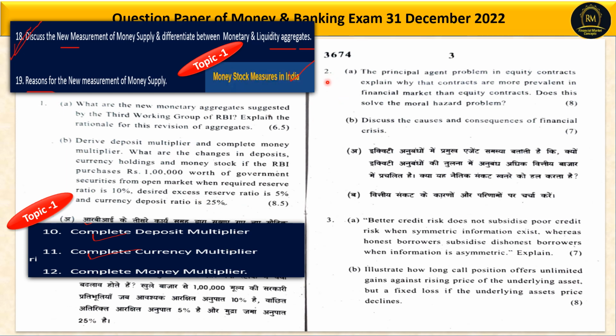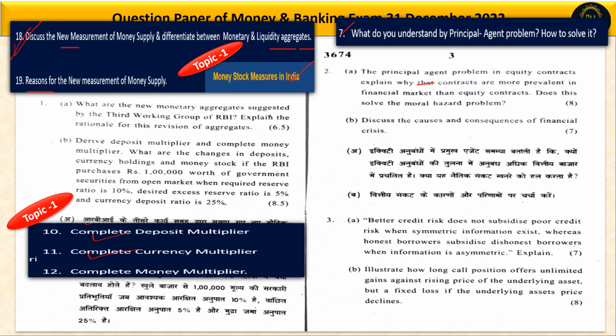Now coming to question number 2A, the principal agent problem in equity contract and explain why debt contract, this is not DAT, this is basically a debt contract, are more prevalent in the financial market than equity contract. Does this solve the moral hazard problem?